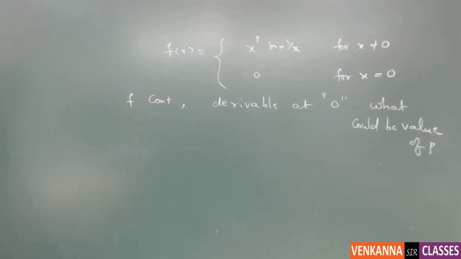If the function is defined in such a manner and it is given that the function is continuous at 0 and derivable at 0, then what could be the value of p? Clear? How to choose p to say that the function is continuous at 0, and how to choose p the function is differentiable at 0.